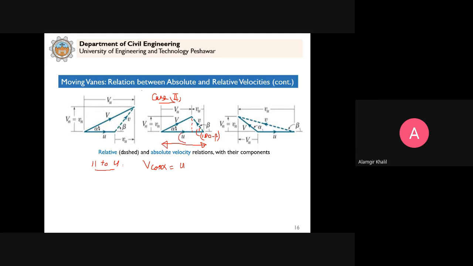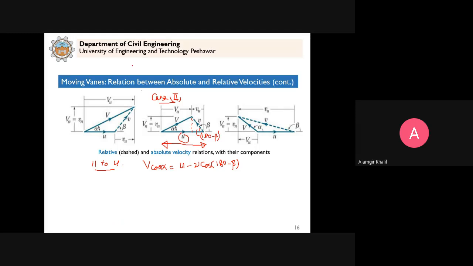So u, and then this component is now opposite, considering the angle 180 minus beta. So this will be equal to minus small v into cos of 180 minus beta. Now what is cos of 180 minus beta?